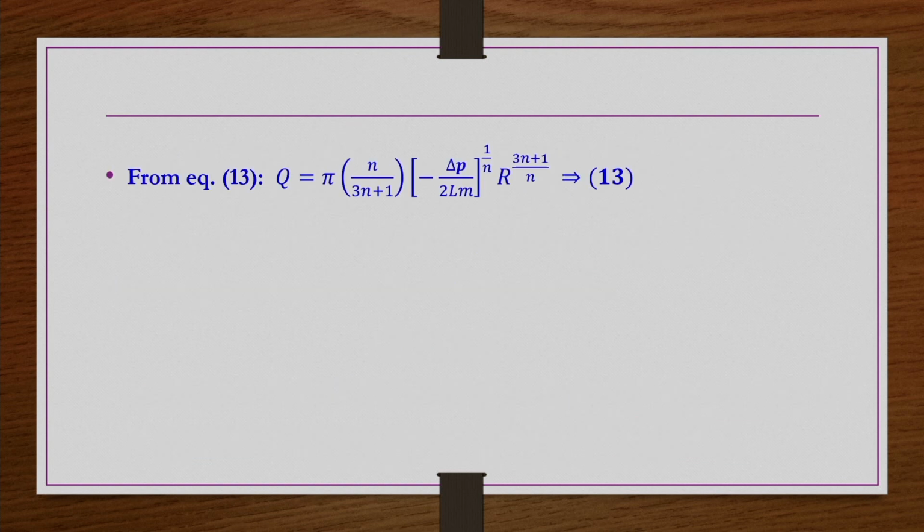The same equation 13 again. Now let us say the pressure drop is kept fixed. Then Q is proportional to R power (3n plus 1) by n.